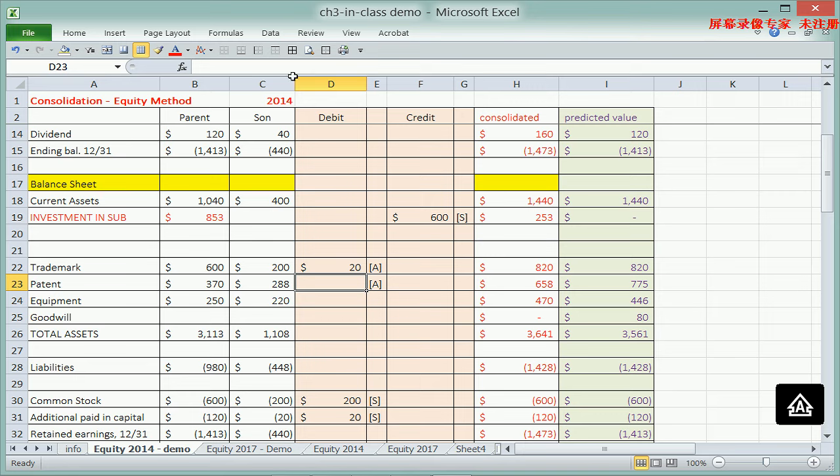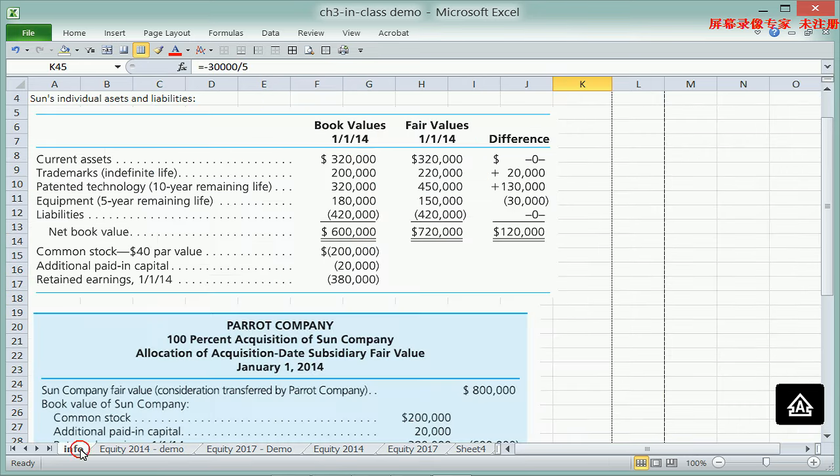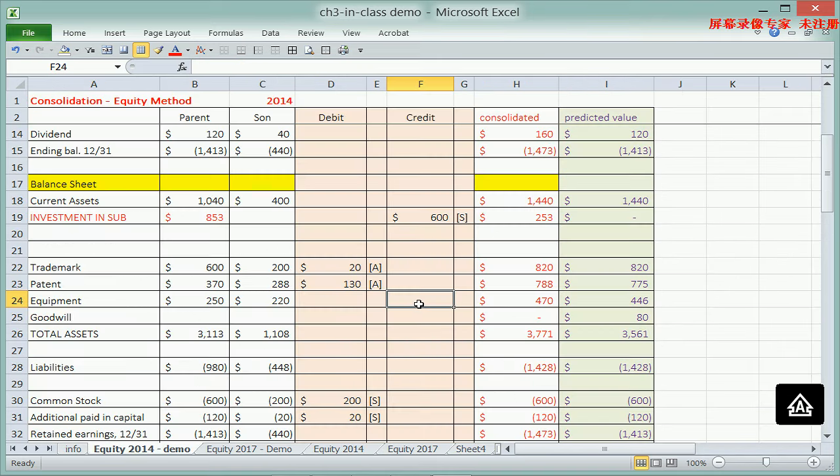So 1/1/2014, we just acquired the sub, so it doesn't amortize at that time. So it should be the original 130 at that point. And the equipment, the same. The equipment should be the negative 30,000. Okay, that's the A entry.